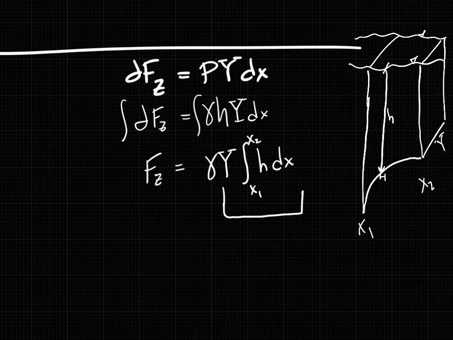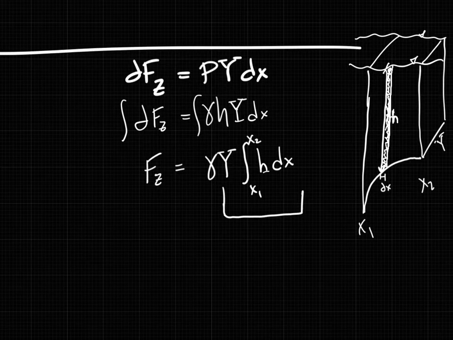Here's a little dx right here. I take that little dx and multiply it times h, so dx times h is this area right here, the area of this little tiny triangle with a height of h and a width of dx.